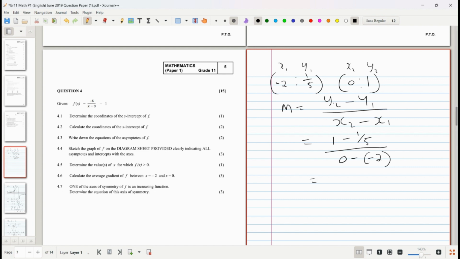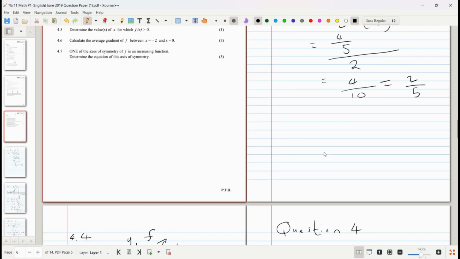So we'll have 4 over 5 divided by 2. So here we'll have 4 divided by 10, which will give us 2 divided by 5. So that will be our gradient.